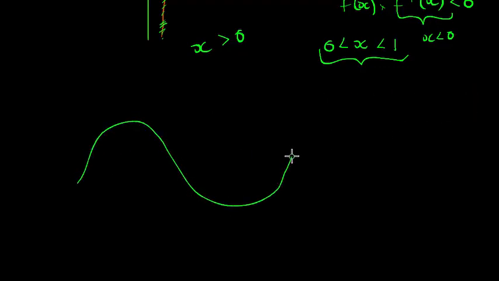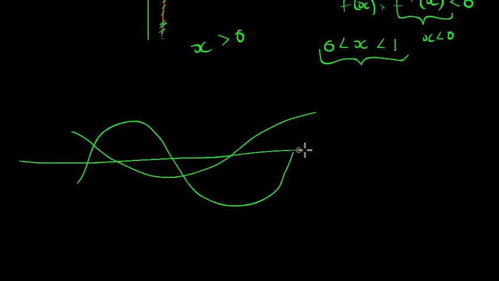This is often asked in trig graphs. So if this is f and that is g, and we had to look for f times g as smaller than 1, it means where is f below and g above, or the other way around.